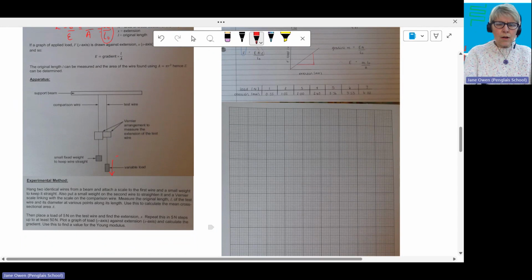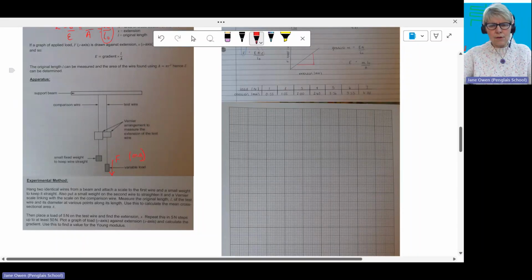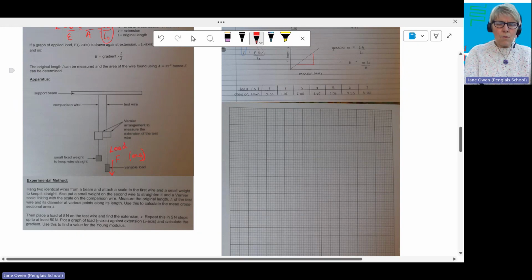So this is your load F. You can use mg, the mass in grams, divided by 1,000 and times by 9.81 to get it into a load F, which is measured in newtons.